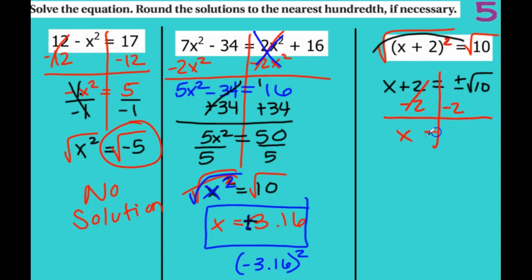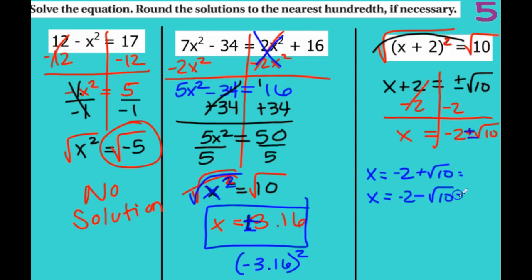So we have x equals negative 2 plus or minus the square root of 10. So we have two answers here. We have x could equal negative 2 plus the square root of 10, or x could be negative 2 minus the square root of 10. Just like here, we have one positive and one negative. Same thing here, one positive, one negative.